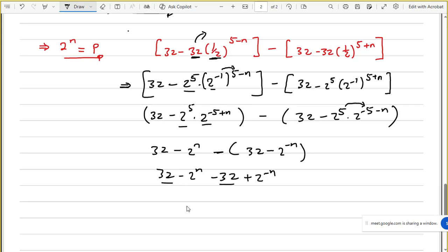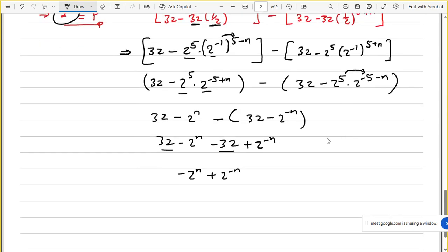So the 32 cancels, we are left with negative 2 to the n plus 2 to the minus n. They said 2 to the n is p, and we need to write this in terms of p. So where there's 2 to the n, we put p, plus 2 to the power minus n, this is 1 over 2 to the n. So we also have to substitute that p. This is minus p plus 1 over p.